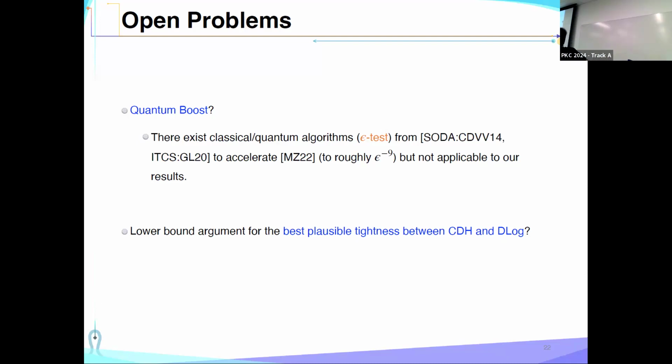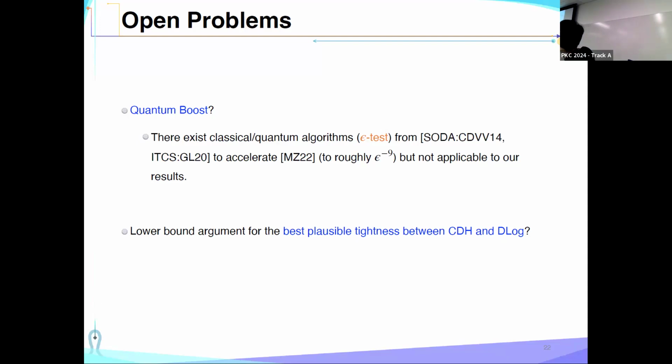Our result is epsilon to the -4, and we don't know if it is possible to have a better result. You mean our approach, the best plausible is probably epsilon to the -2? Yeah. So in your abstract, you say you can't do much better than that. Yes, you say you show some evidence. Yeah.